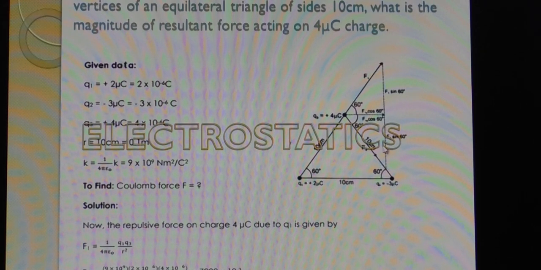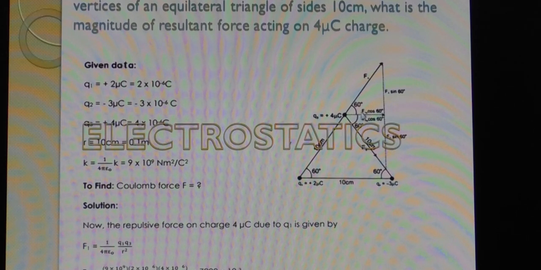From the head we drop a perpendicular. This is the reference line, and according to the head to tail rule of vector addition, when you draw the arrowhead, if this was F1, then this is F2, and this is giving you F2 sine of 60. What would be the direction?